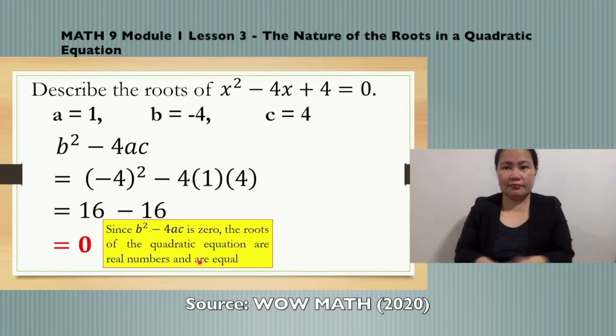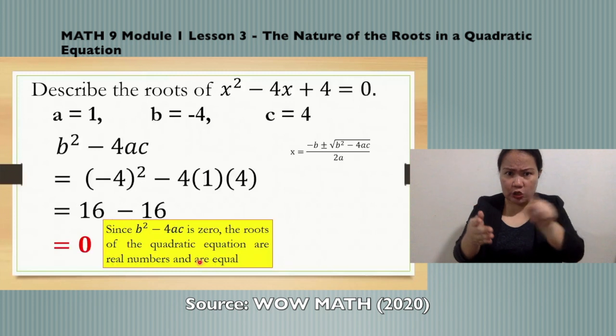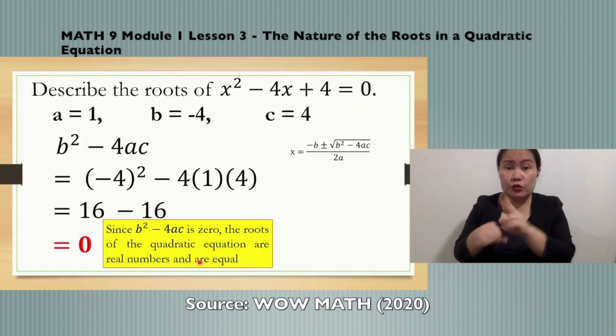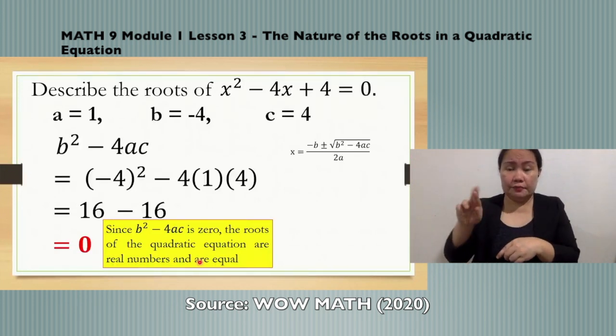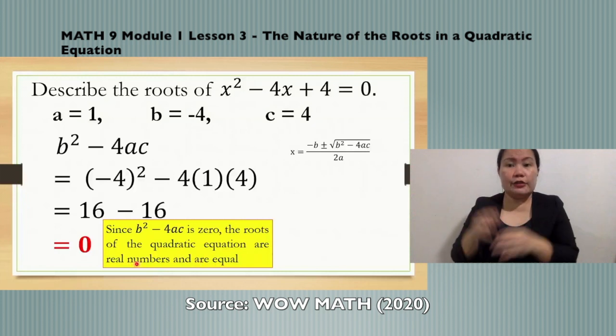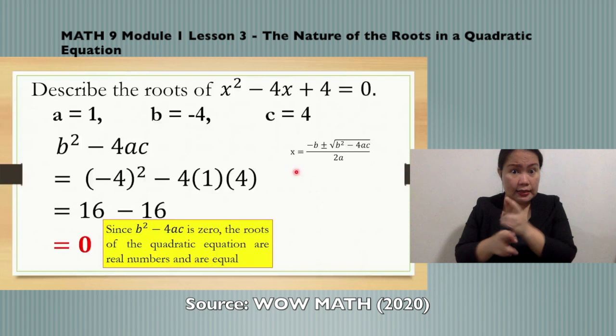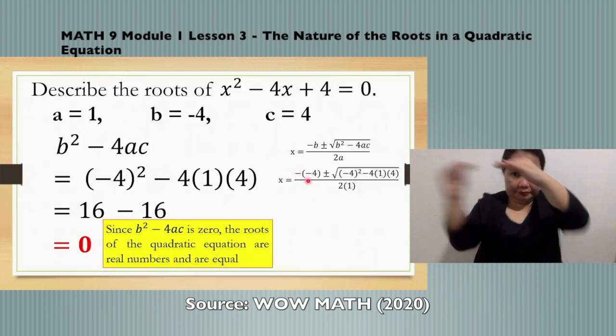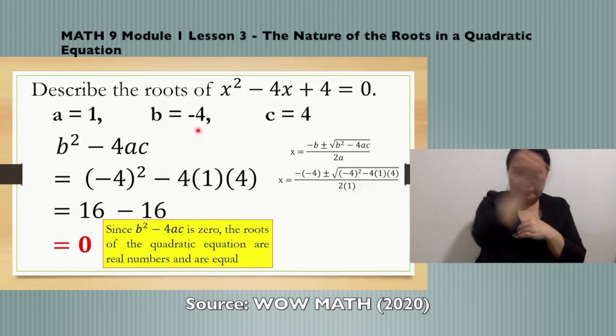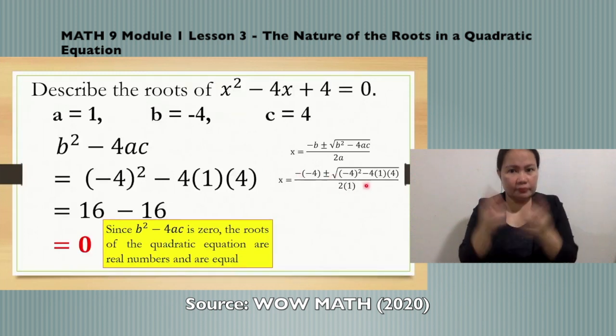So let us check. Let us try to use the quadratic formula. So dapat ang lalabas na roots or solution natin dito ay real numbers and equal. So let us substitute the values. So, ganun ulit, substitute b, a, and c. So, eto na siya.